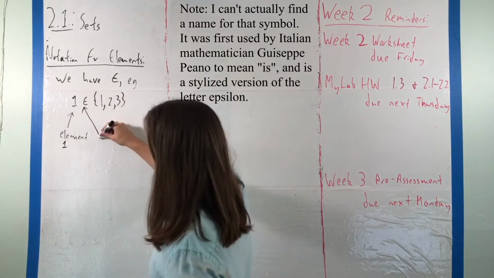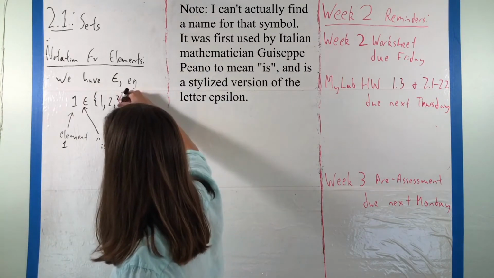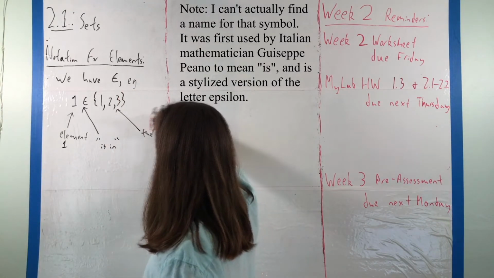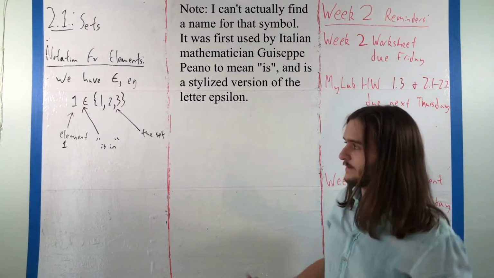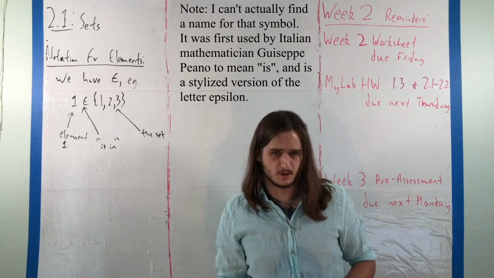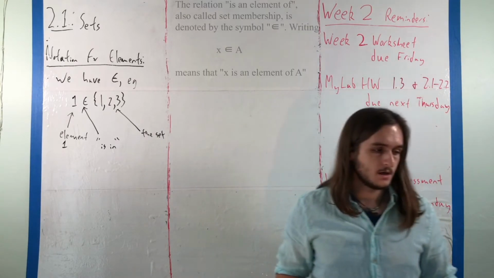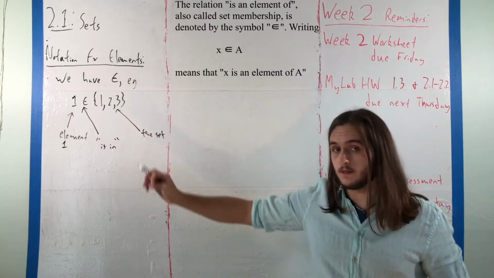That symbol in the middle there says "is in", and this is the set {1, 2, 3}, the set of items 1, 2, 3, that I don't have the space to write out the word description for right there. So this is how we say an element is in there.